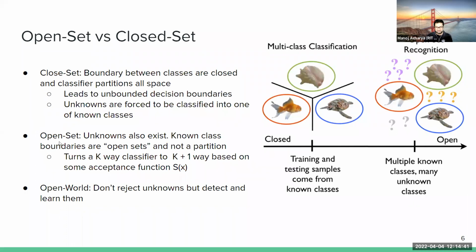So that's open set, right? The difference between open set and open world is that in open world, we don't just reject the unknowns, but after we detect the unknowns, we also have the model learn those unknowns as well.